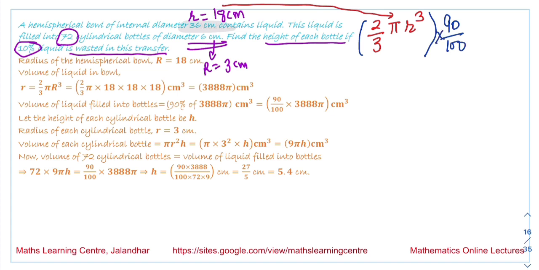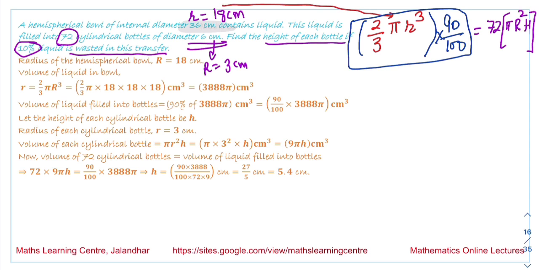So 90% of this value is the amount of fluid that is to be transferred to the cylindrical bottles. The number of cylindrical bottles is 72, and the volume of each cylindrical bottle will be equal to pi capital R square capital H. Capital H is the height, and capital R is the radius. So this pi and pi get cancelled.